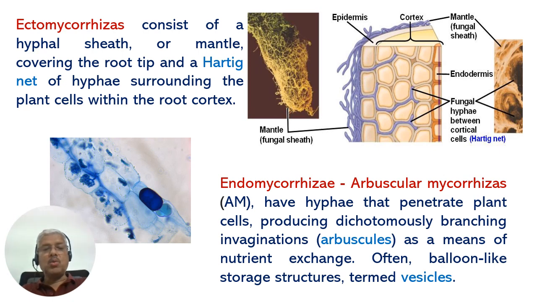Endomycorrhizae, also called arbuscular mycorrhizae, have hyphae that penetrate the plant cells, producing dichotomously branching invaginations, that is the arbuscules, as a means of nutrient exchange, which are often balloon-like storage structures termed vesicles.